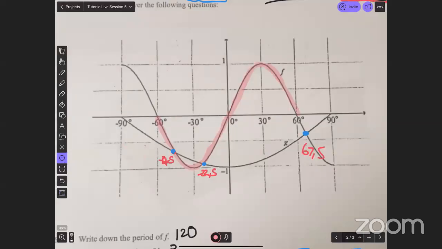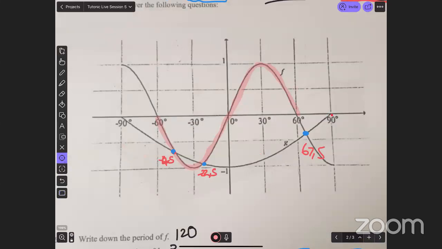So basically they're asking you where is f less than g? So let's move our finger along the x-axis. Is f less than g here? Yes or no?